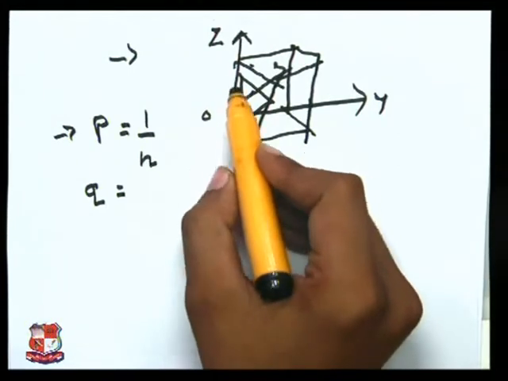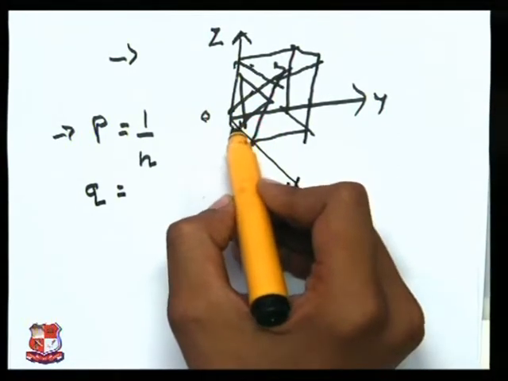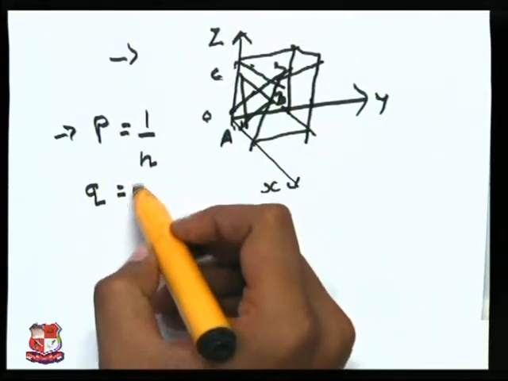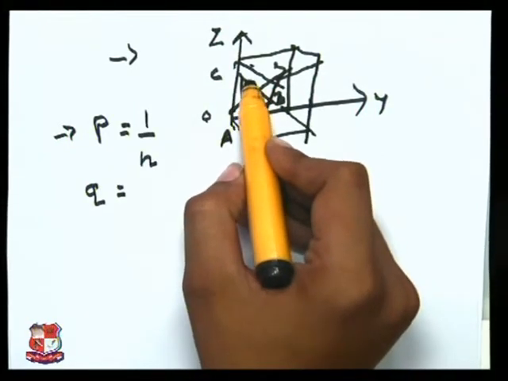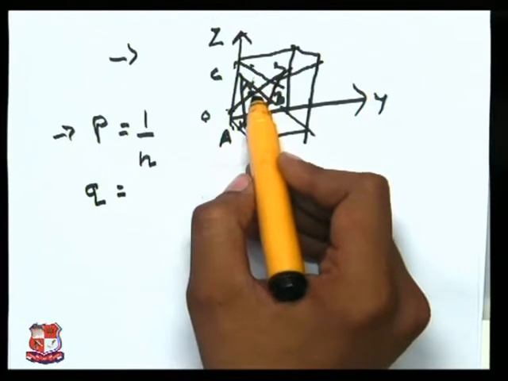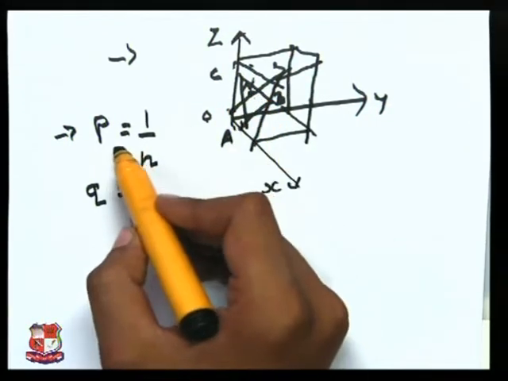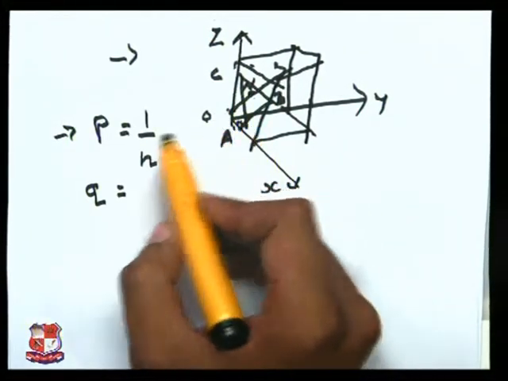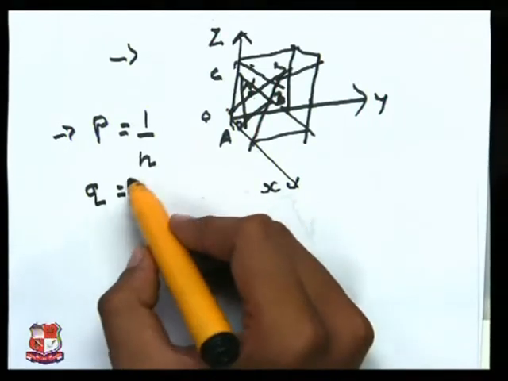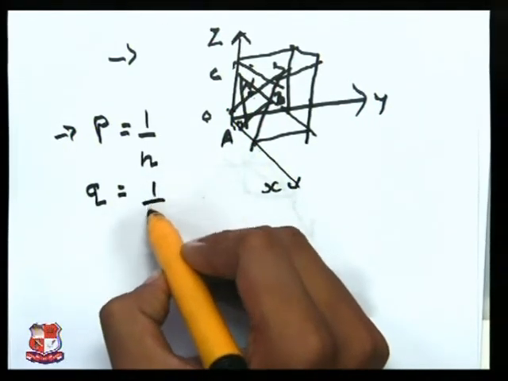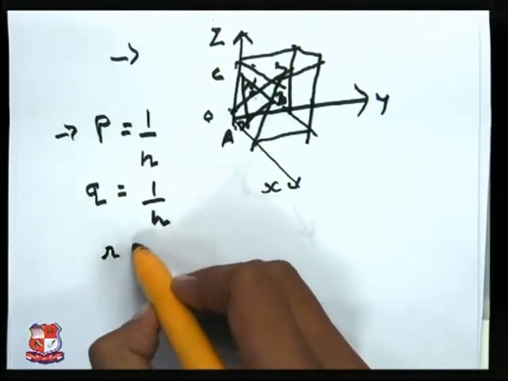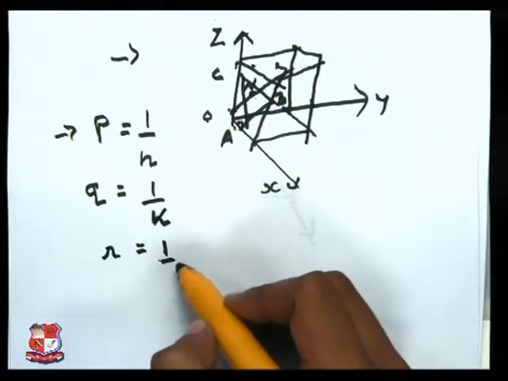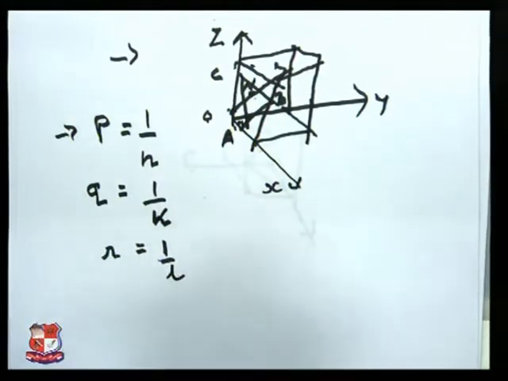Let us define O, A, B, and C. From that, the distance from the origin to this plane is ON. Then P is the intercept of that plane, so P is equal to 1 upon h. In the same manner, Q is equal to 1 upon k, and R is equal to 1 upon l.